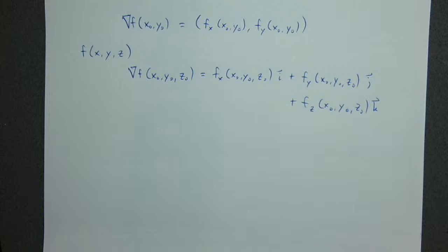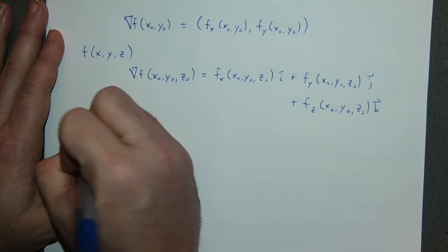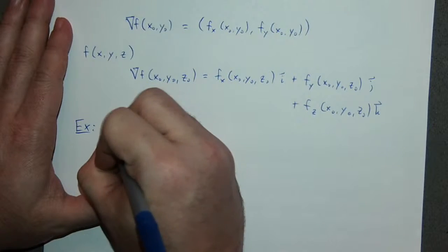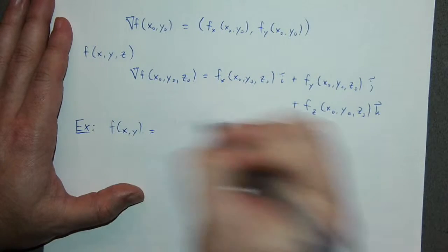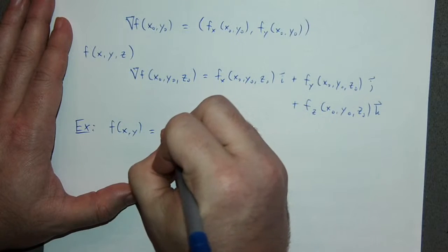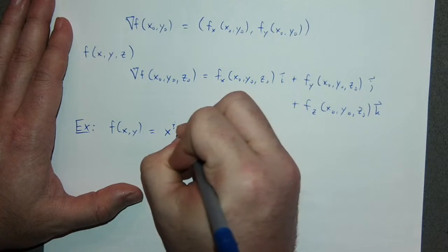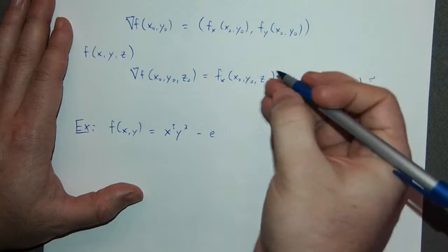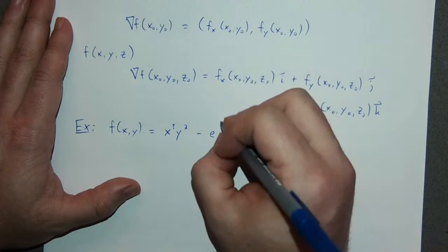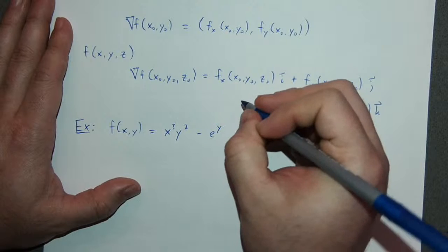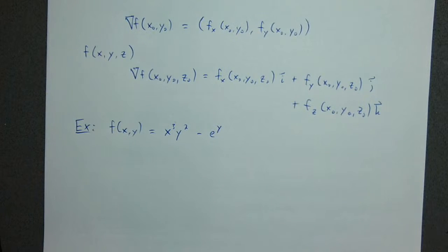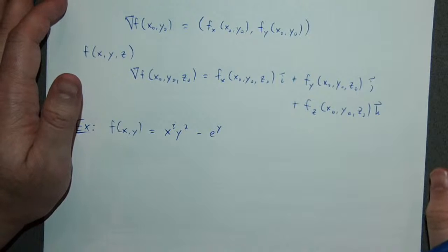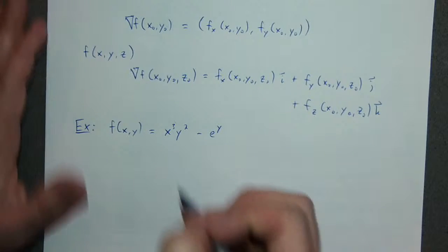Okay, let's do a quick example. Let f of x, y be x cubed y squared minus e to the y.